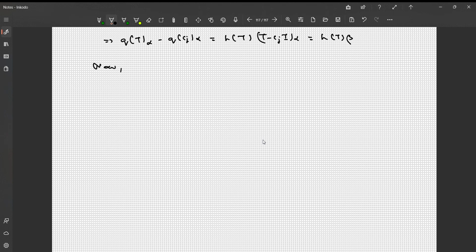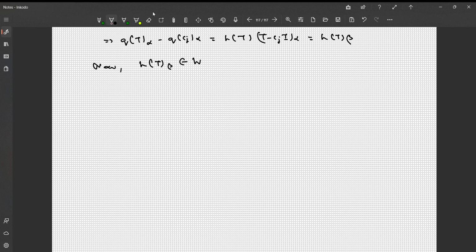So this is equal to h(T) of beta, right? Now we had previously concluded that for any polynomial h from F, h(T) of beta is inside W. Now h(T) of beta is inside W, right? It's clear. So that means this is inside W, right?